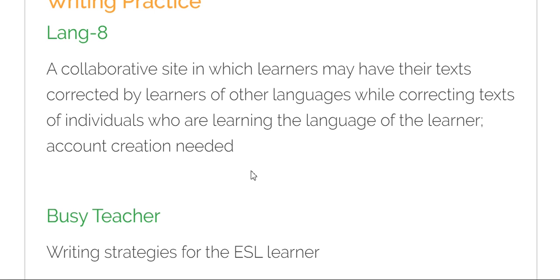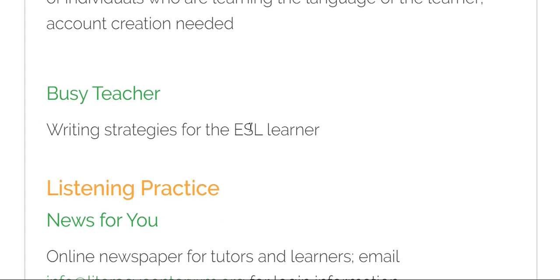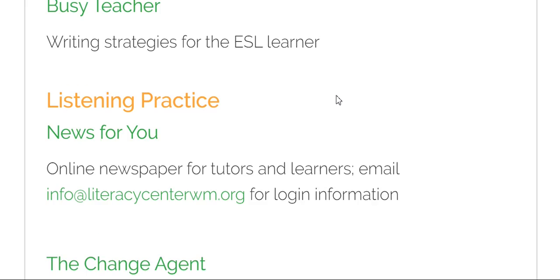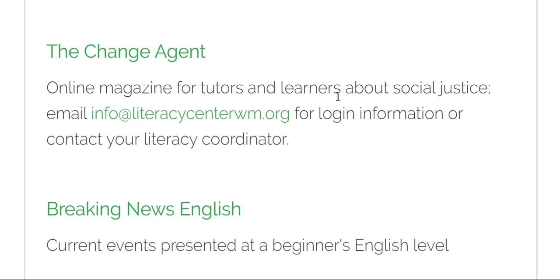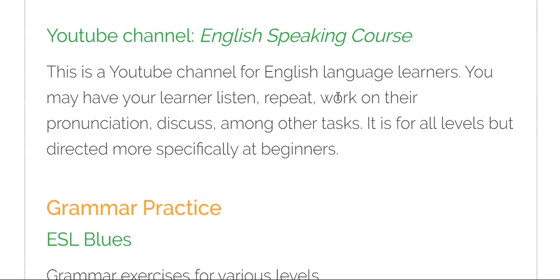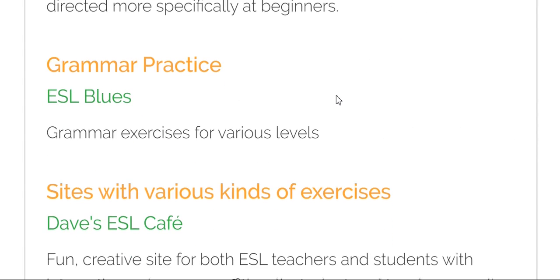I like this one as a collaboration site where learners can have other learners correct their text and not have it feel so daunting, knowing that all together you'll be able to critique each other's work. But also just typical writing strategies available for ESL learners, listening practice, as well as general grammar practice.